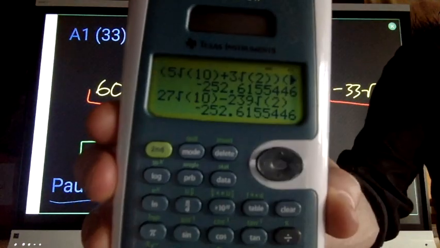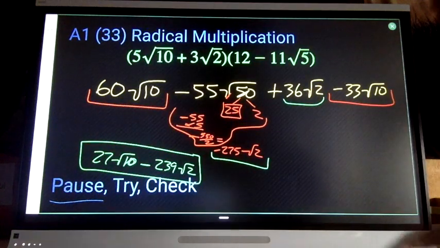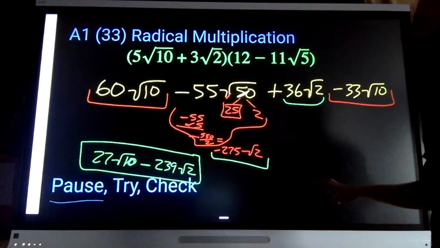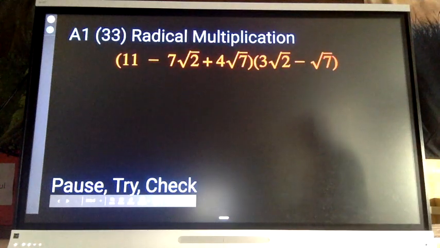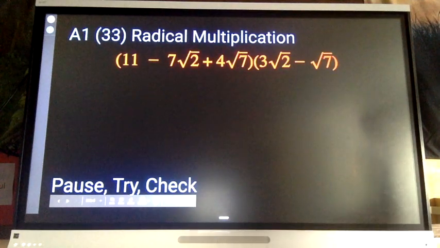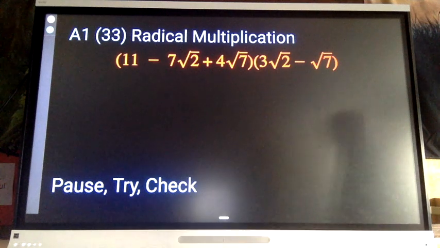All right. If you're disbelieving, answers match. One more for you to try. Hit pause, see if you can do that. Double check your answer against mine.